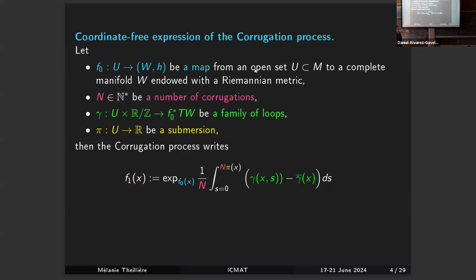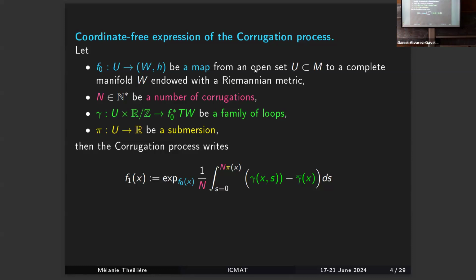And here the direction, so in an abstract manifold we have no longer coordinates, so we need that the direction now is given by P, a submersion. And then we could write, without a coordinate system, a deformation given by the exponential map over the point F0, which adds the corrugation of amplitude 1/n of still the same deformation, in fact.